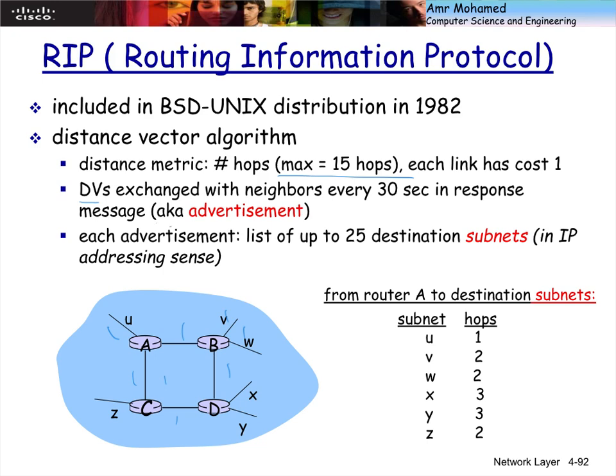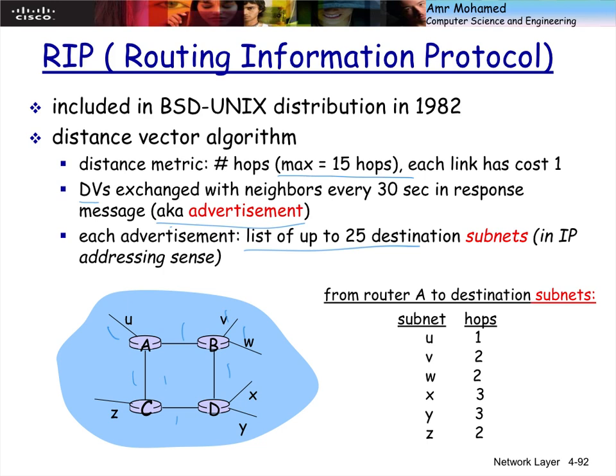So it uses distance vector in terms of route advertisement. It calls it route advertisement. Each advertisement lists 25 destinations. So any router reports 25 items in the routing table at any point of time.